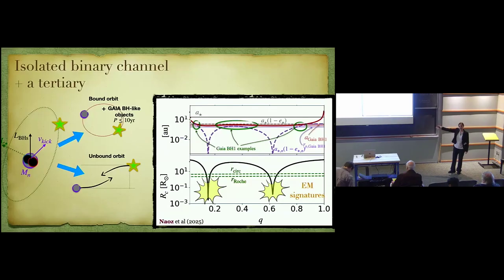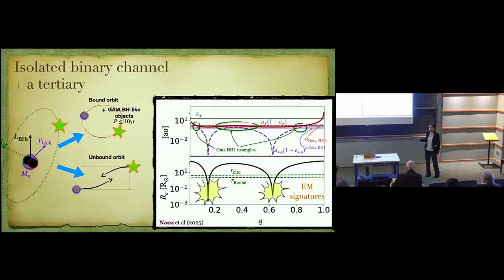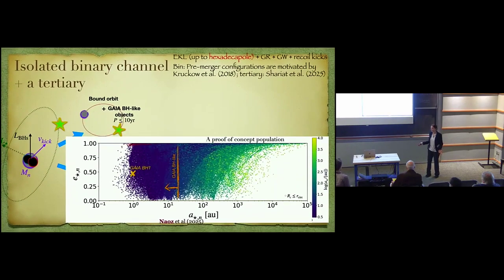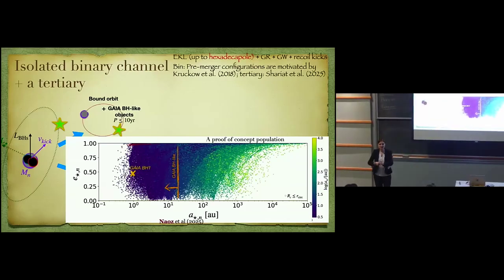So what I want to do now is show a population. Again, this is a proof of concept. The idea is to start with two black holes with a distribution in angular momentum taken from isolated binaries population synthesis, and to stick a star there that is motivated by Cheyenne's work, which included all the stellar evolution processes.